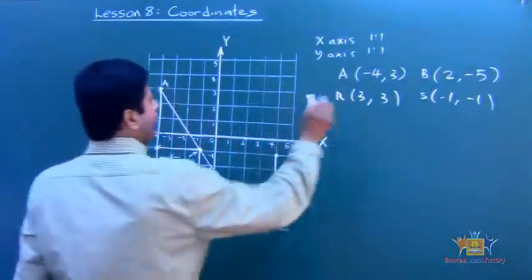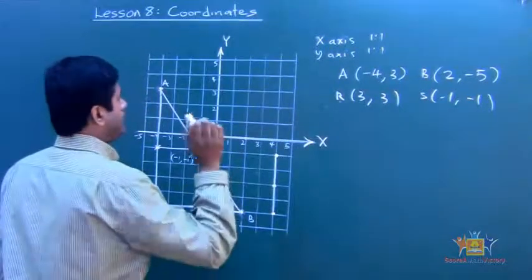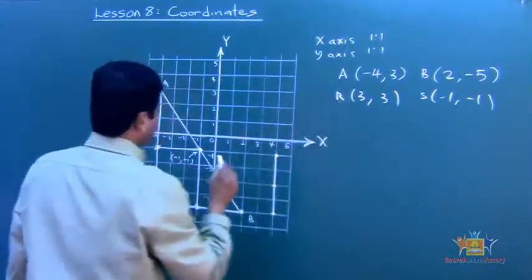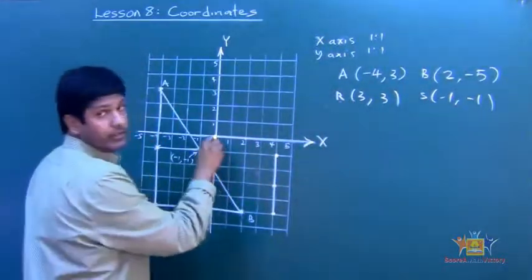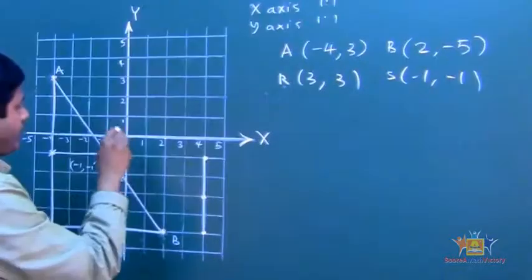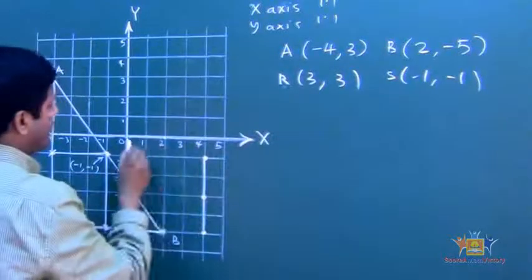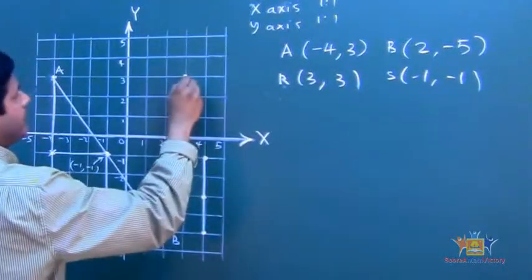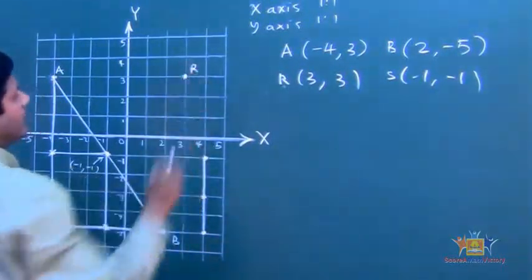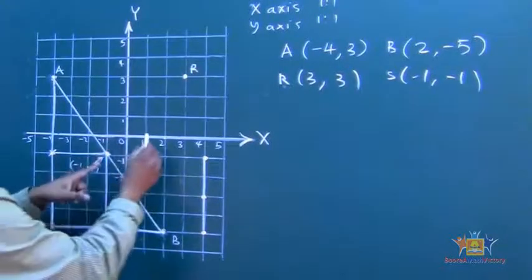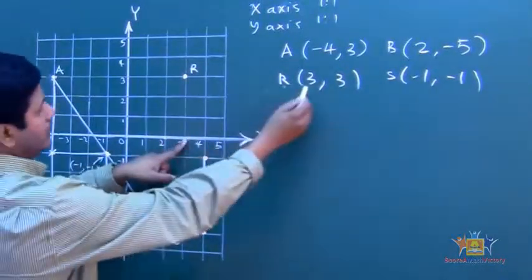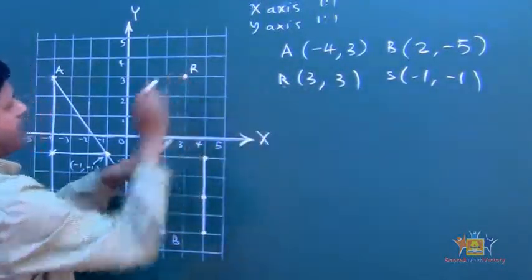So let's take point R and plot the coordinates 3, 3. This is our reference point, always the origin. So we move 3 to the right and 3 up. That's R right there. See that? 1, 2, 3, and 1, 2, 3 right there.